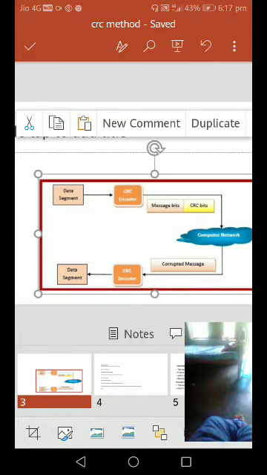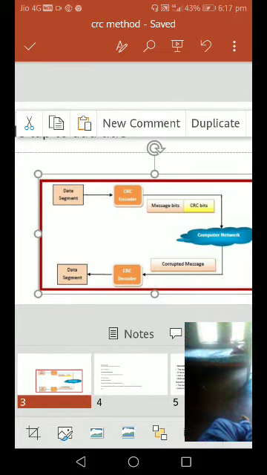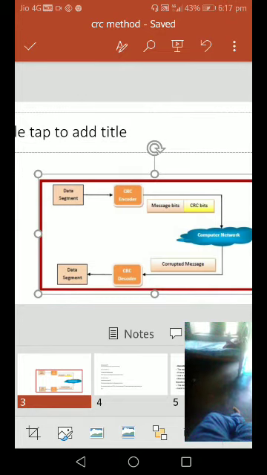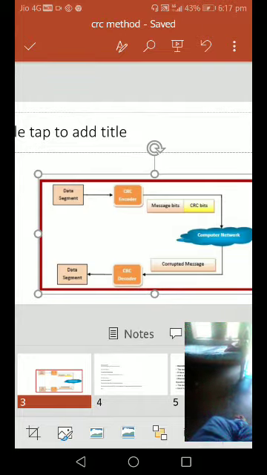Again we have to collect the data bits and data segment, and then perform division. If the divisor number is 4, we add bits to the original data.